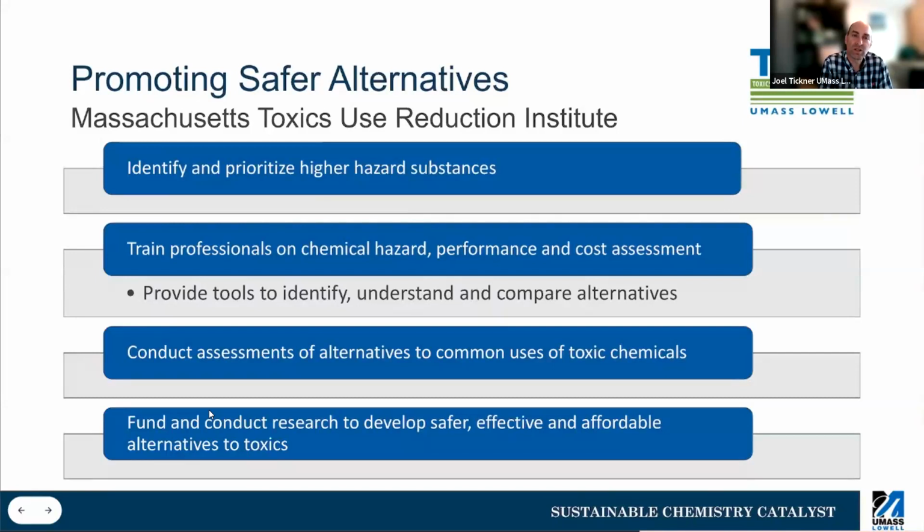And what we do is not only train the people who are doing these toxic use reduction plans, but we also help those companies to understand their hazardous chemicals. We help them to assess alternatives. We help them to evaluate and test alternatives.